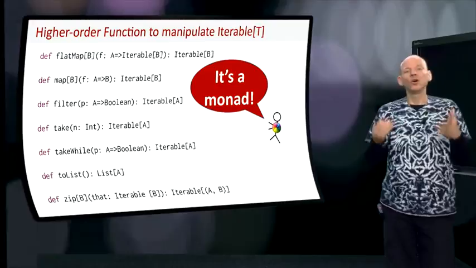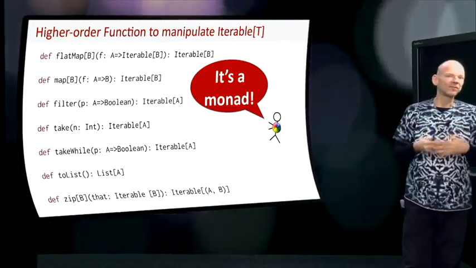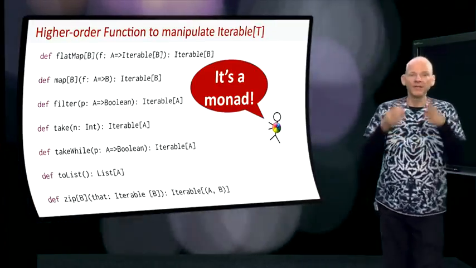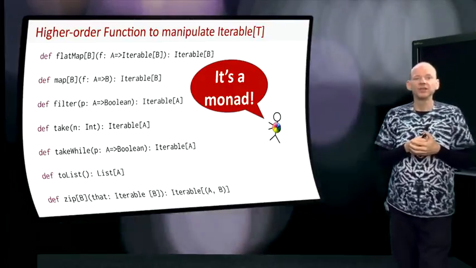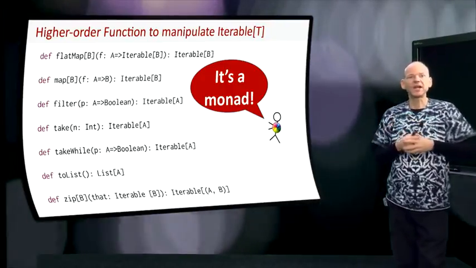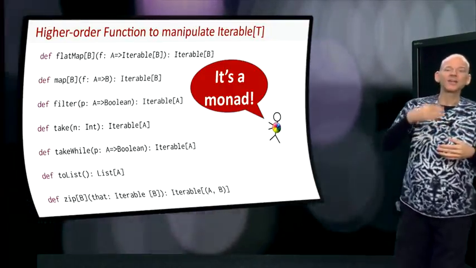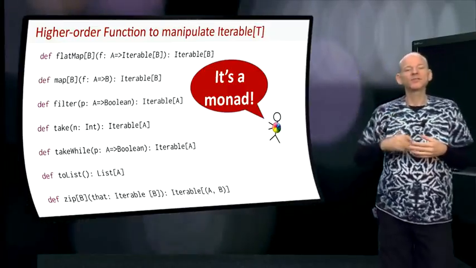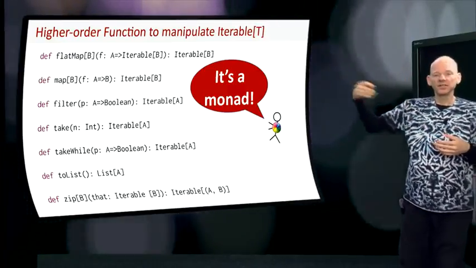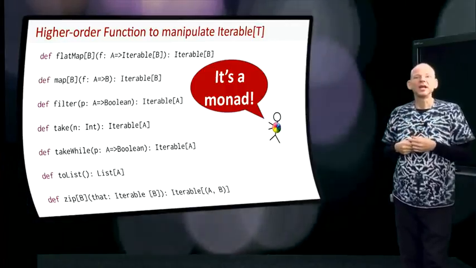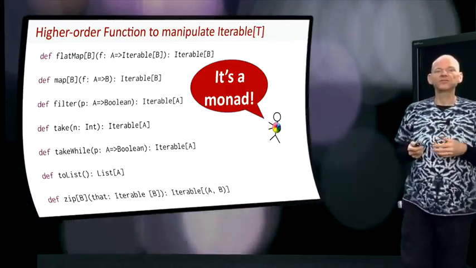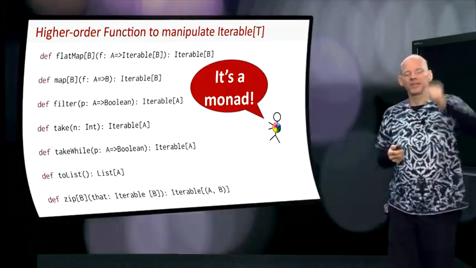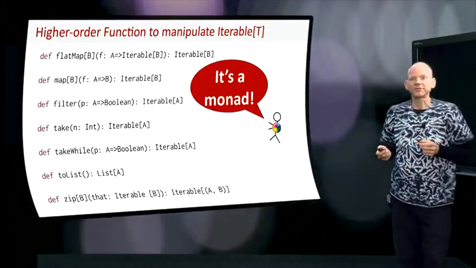Iterable supports all the methods that we know and love, like filter, map. And then there's the domain-specific ones, such as take, which takes the first n elements, or takeWhile, that takes a boolean predicate and iterates over the iterable, copying the values as long as that predicate is true. And then last but not least, there's our friend zip.